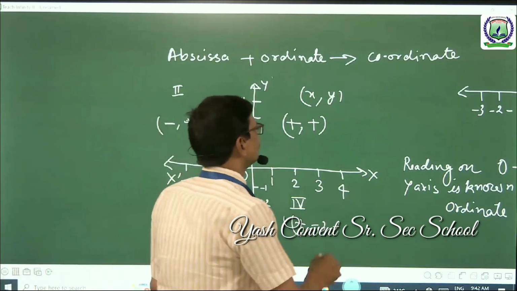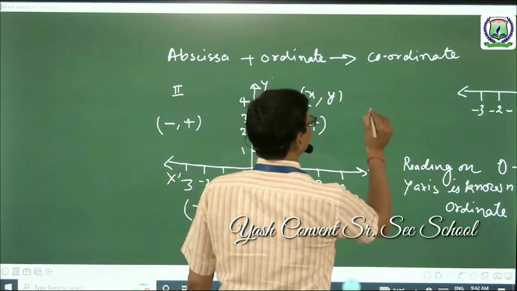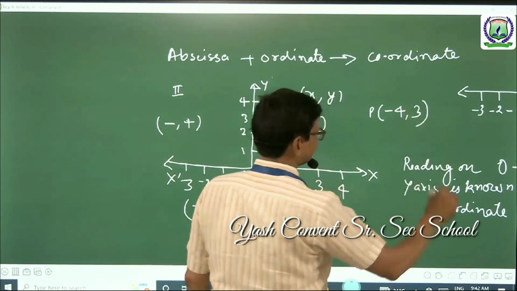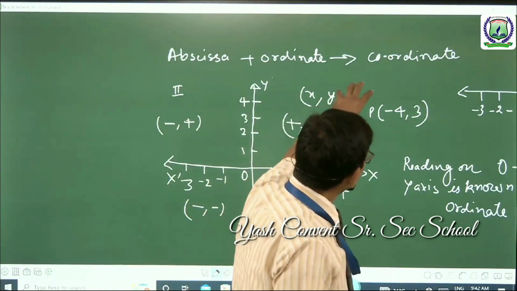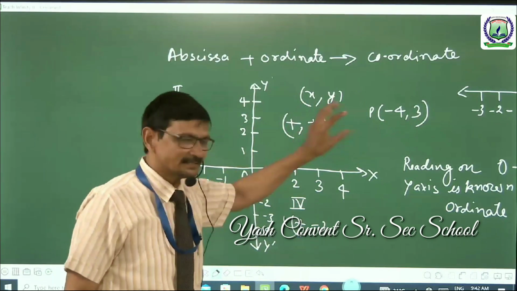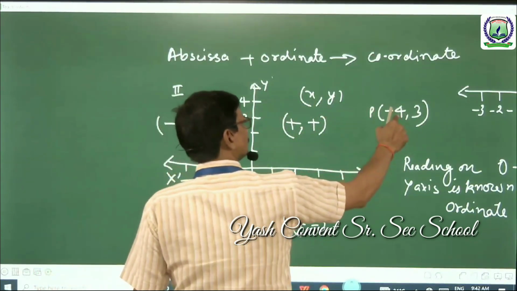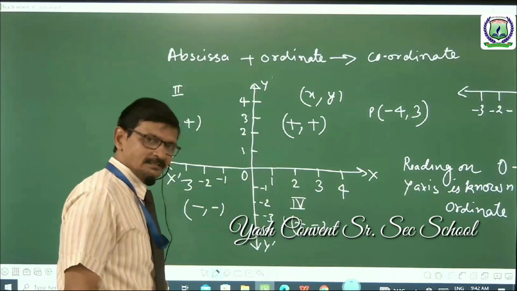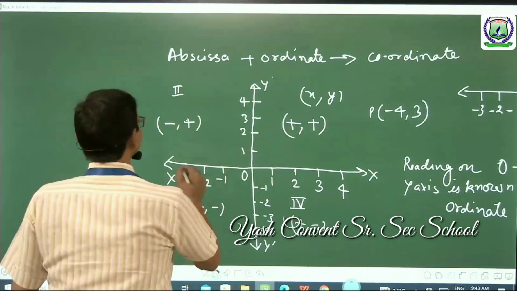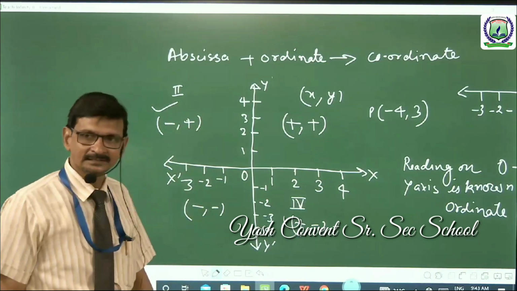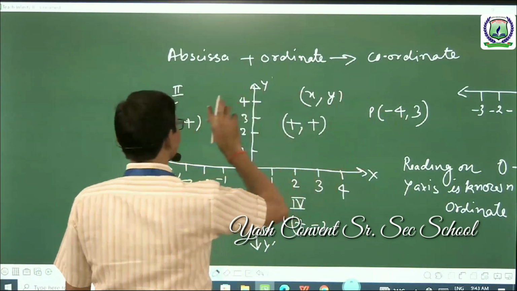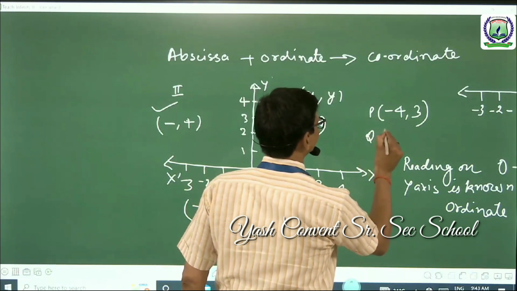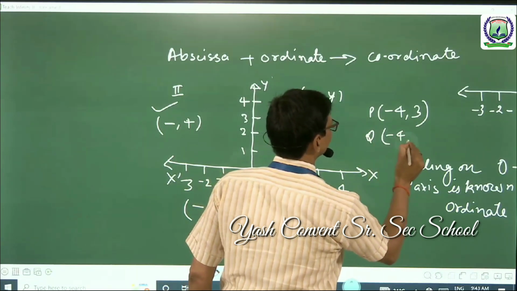Suppose we have a point P whose coordinates are -4 and 3. We have to find in which quadrant this point lies. The abscissa is -4 and the ordinate is 3, so minus and plus, which comes in the second quadrant. Similarly, suppose point Q has coordinates -4, -3.